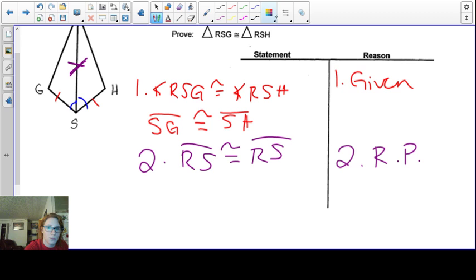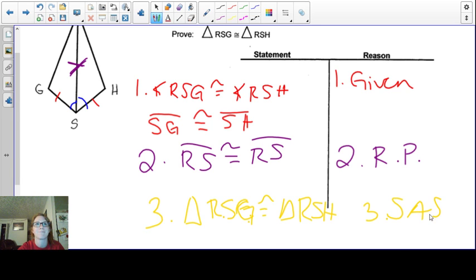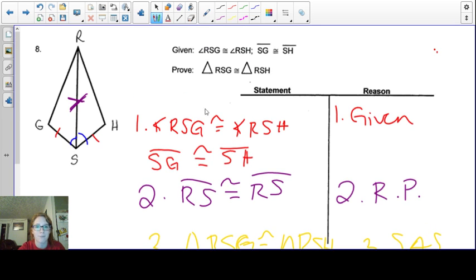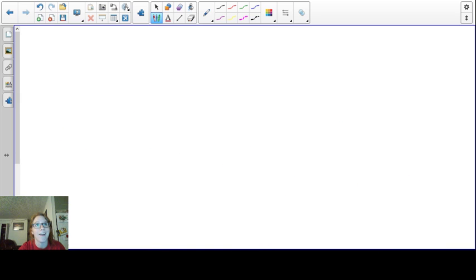Woo-hoo-hoo. Guess what? Triangle RSG is congruent to triangle RSH. Based on side, angle, side. And that's all, folks.